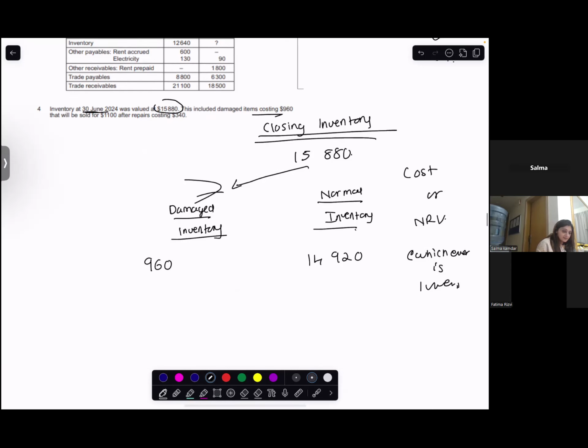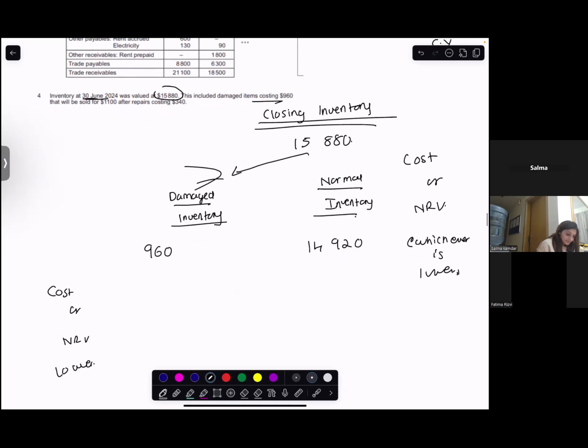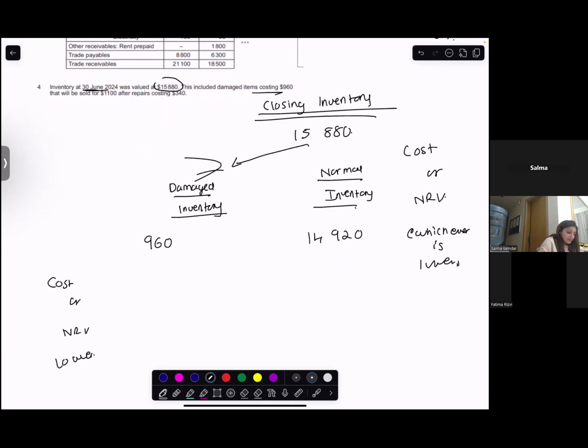Yeah, it should be valued at cost or NRV, whichever is lower. Damaged inventory of 960 can be sold for 1,100.